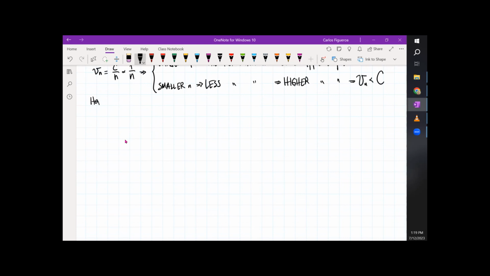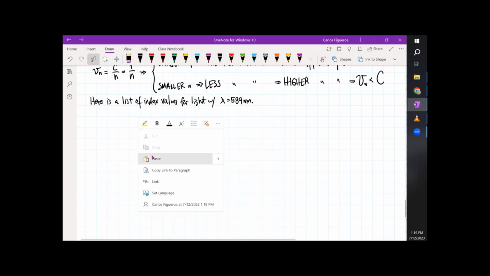Here is a list of index values for light with wavelength 589 nanometers. And you'll see that that becomes important.